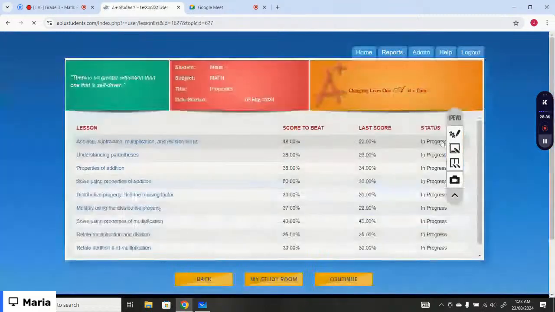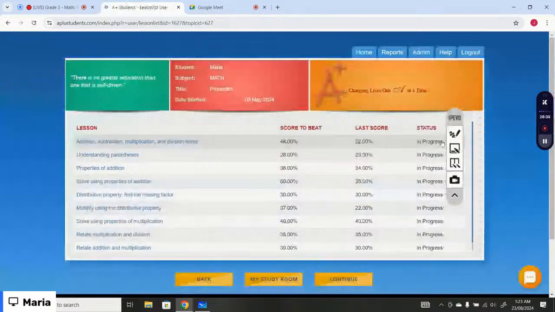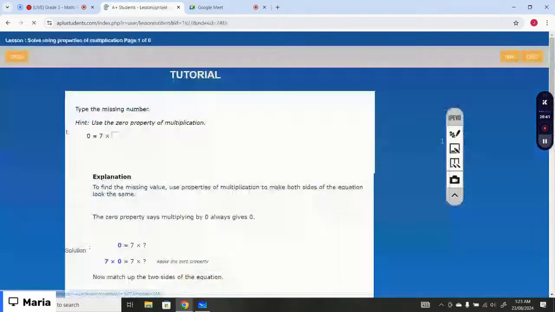The next one is solve using properties of multiplication. Let's just start with the lesson. Use the zero property of multiplication.